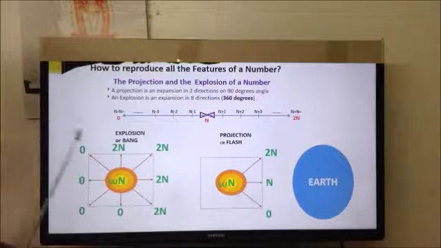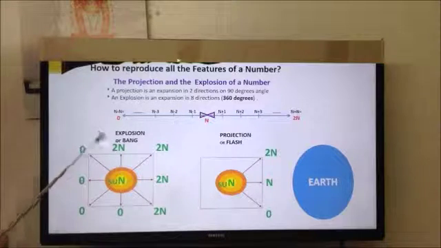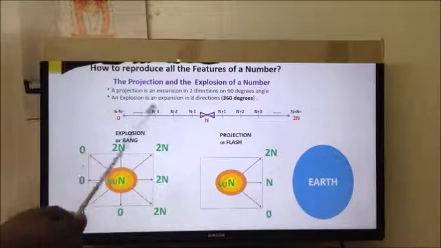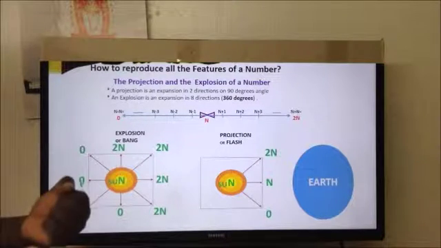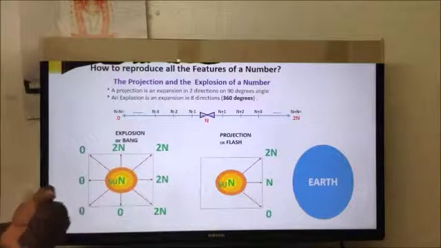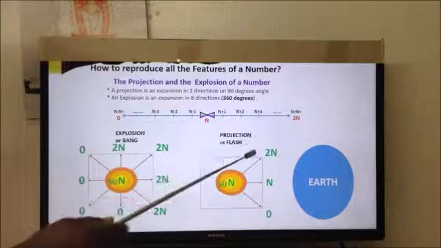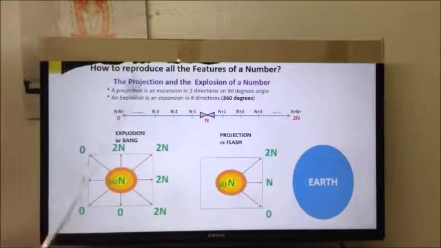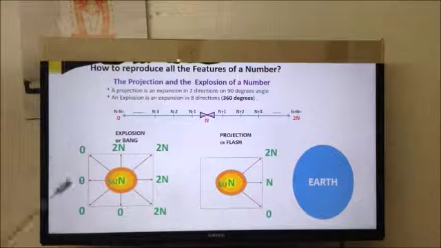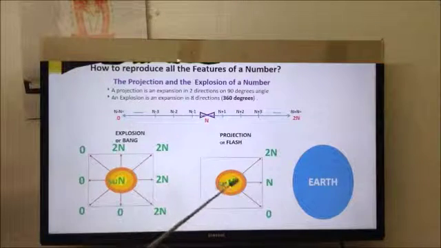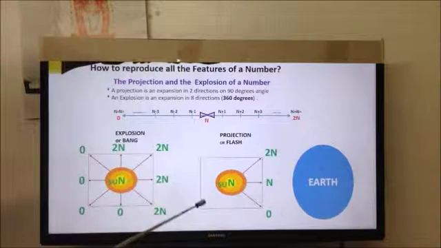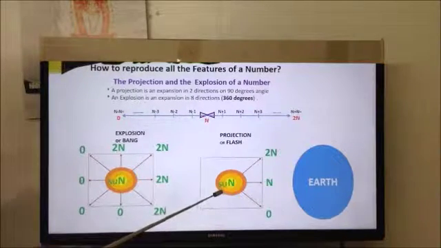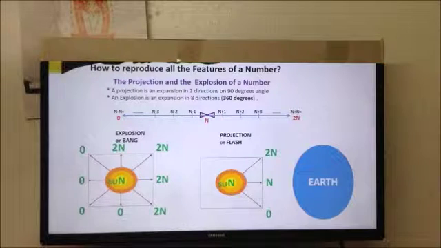As you see here, a projection is an expansion in two directions and at a 90 degree angle. Just as the light travels, you see here, I talk about the flash. The light from the sun, for example, comes to us on planet Earth as a flash.